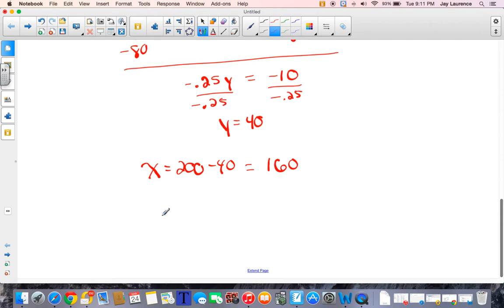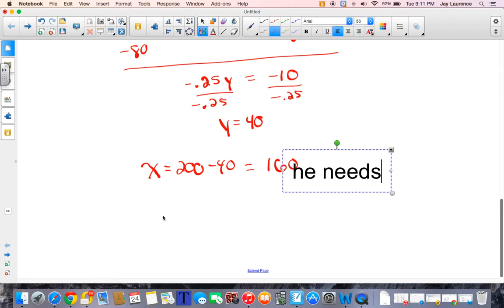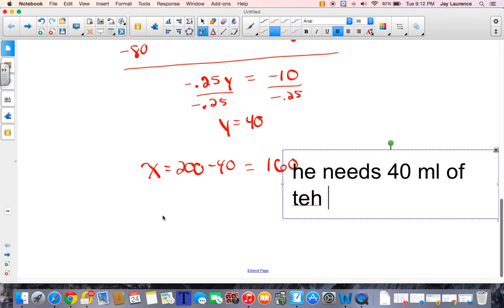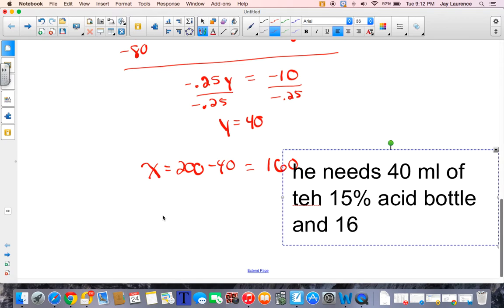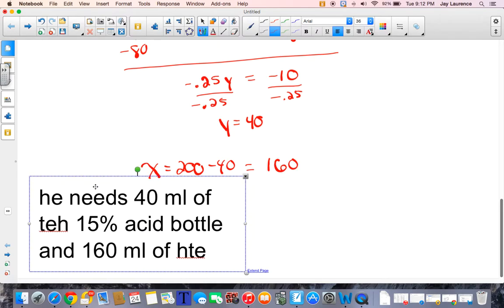So I'm going to present my answer like this. He needs 40 milliliters of the 15% acid solution, or bottle perhaps, and 160 milliliters of the, man, I'm really bad at typing those, aren't I?